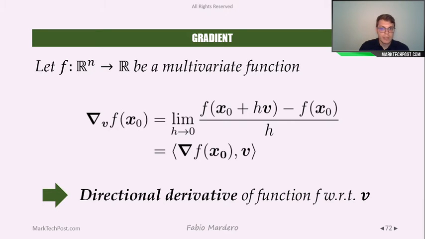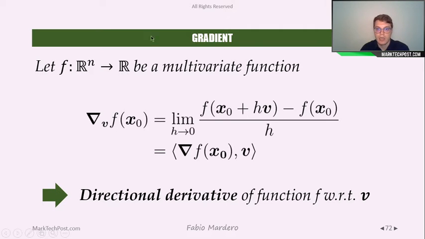How can we do this? Well, we can define the directional derivative in a very similar way to the usual derivative, but here the variation h refers to the direction in which we want to compute the directional derivative, which is v.